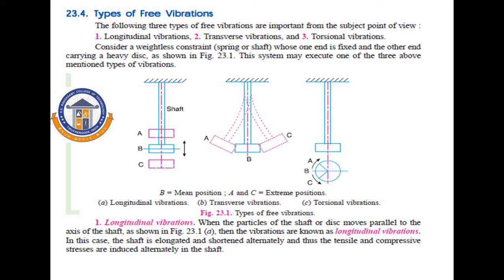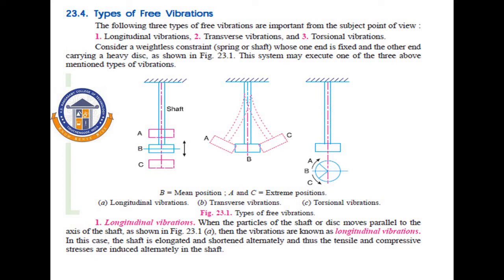The pink line shows the shaft elongated when the external force acts, and when the force is released it goes back, and like that it vibrates to and fro, so the pink line changes from C to A to C via B. This is an example of longitudinal vibration, where the particles move along the axis of the shaft.